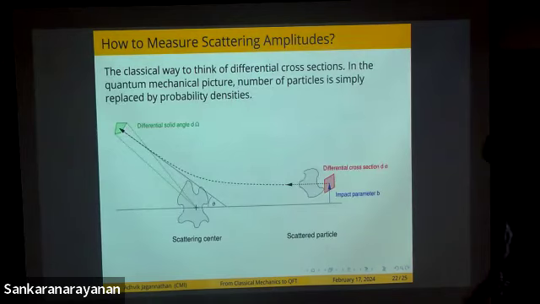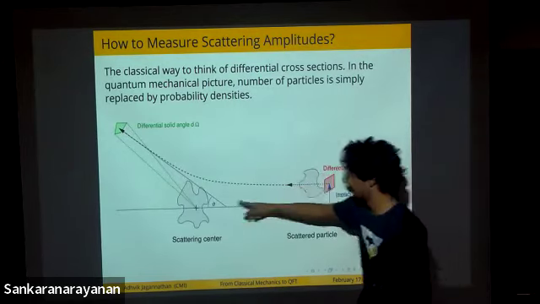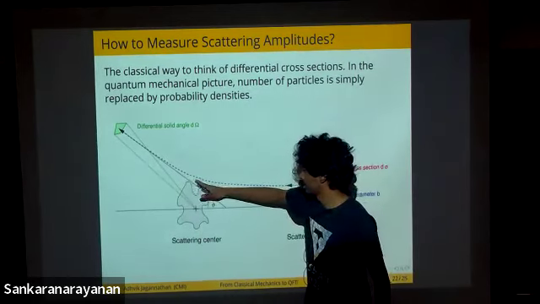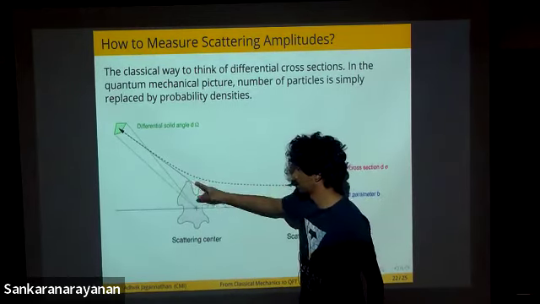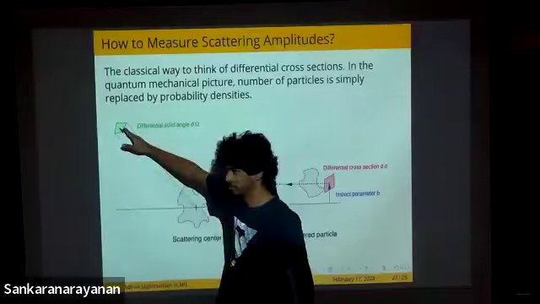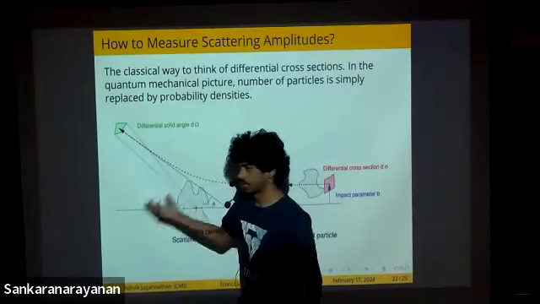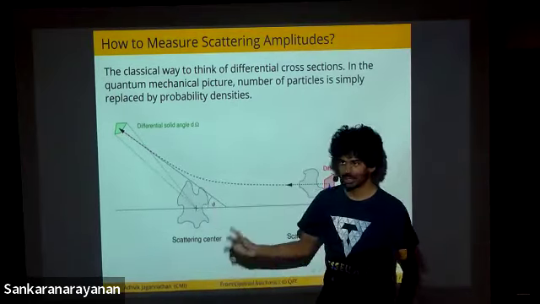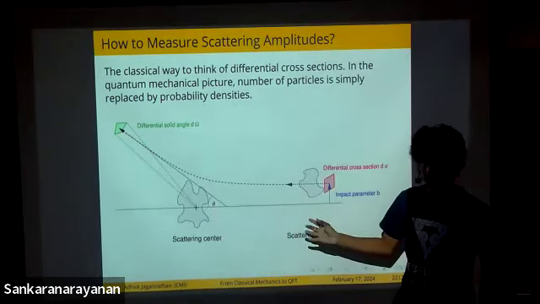Nice. So you have this beam and this scattering center or target, and it reacts with that center, and you get these particles which get scattered. And you can look at an angle theta and see the number density of each particle.